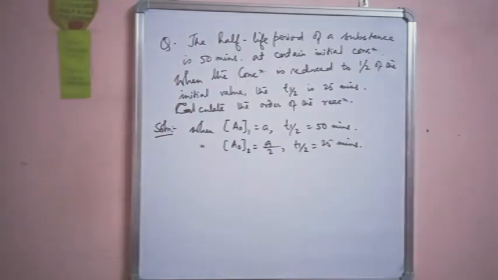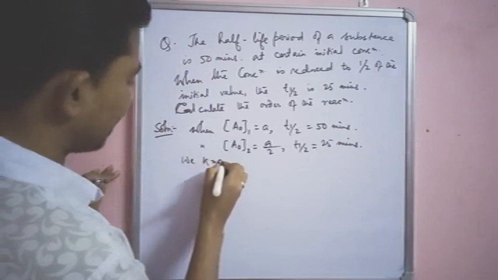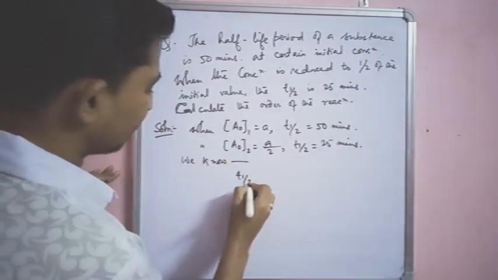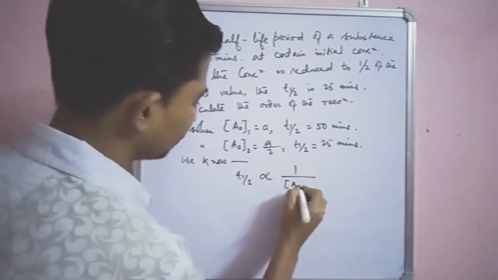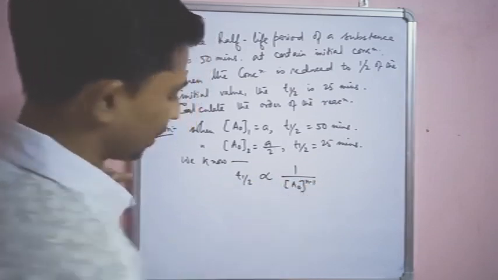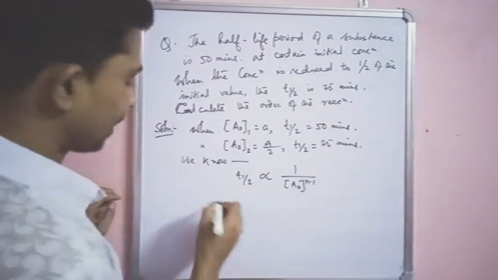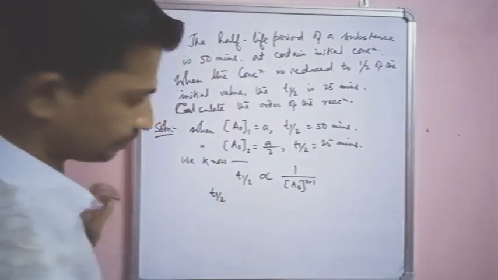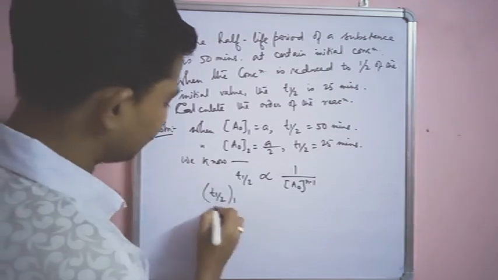So we know that t half is proportional to 1 by a naught to the power n minus 1. So we can write 1 by T half 2.